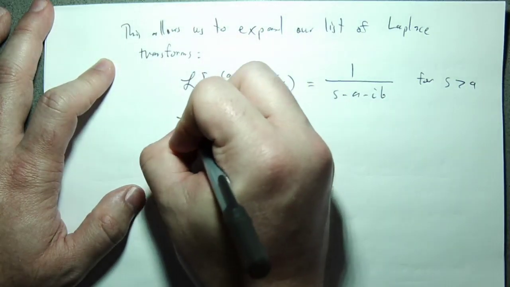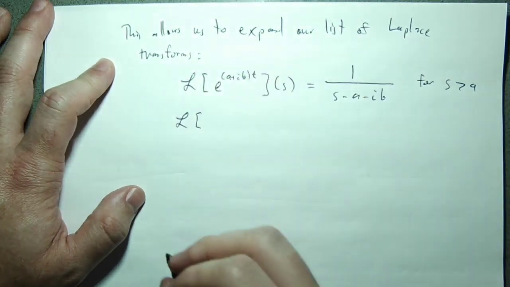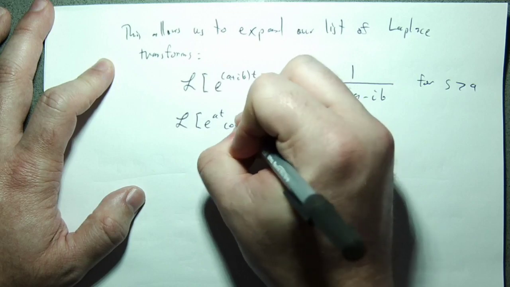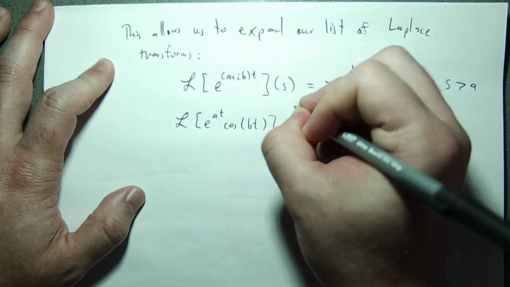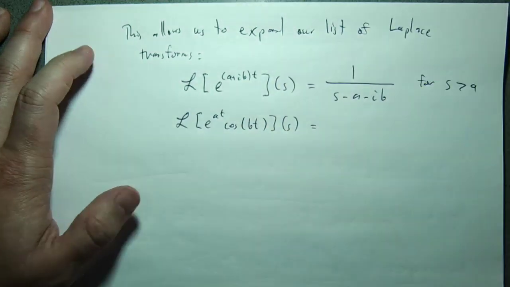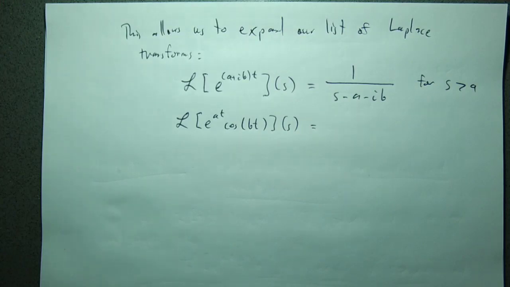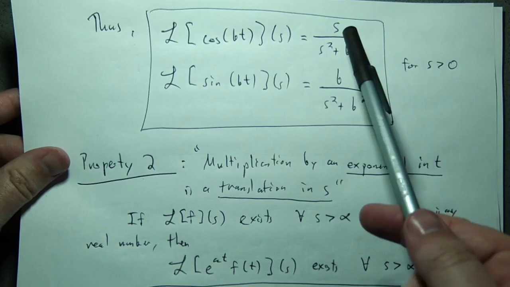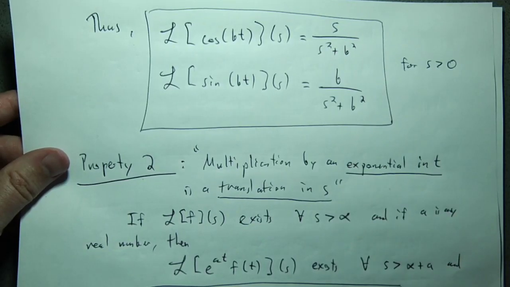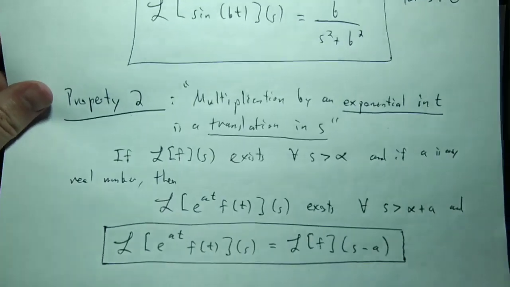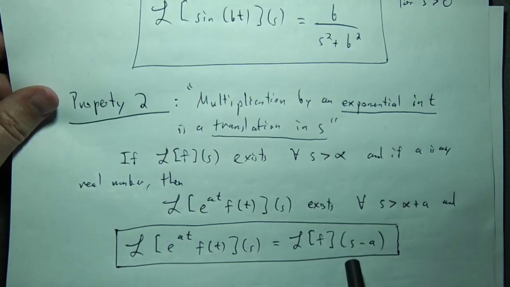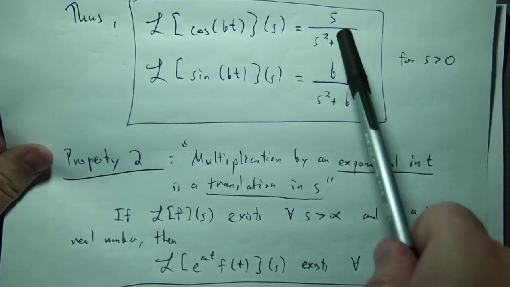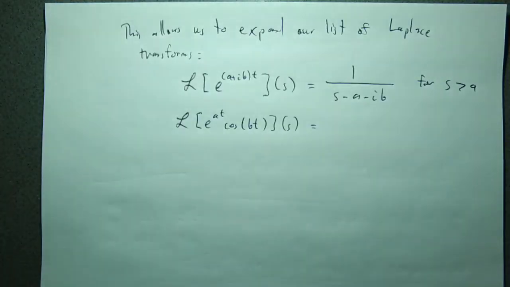Okay, and the Laplace transform of e to the at times cosine of bt, of s, is, well, recall the Laplace transform of cosine of bt was s over s squared plus b squared. So by this translation fact, I just take this and translate by a, right? I plug in s minus a for every instance of s here.